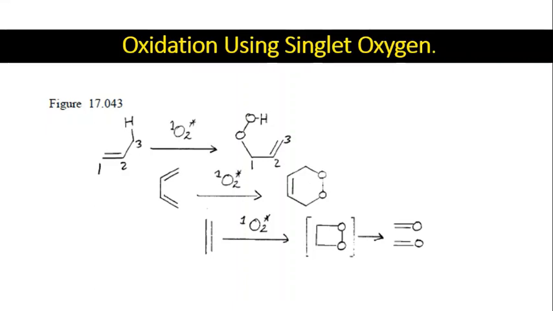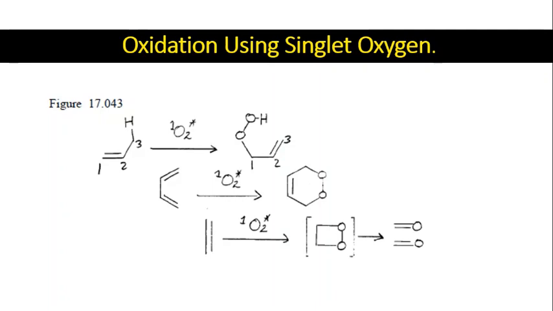The triplet oxygen that is present in the air, in the atmosphere, also carries out auto-oxidation, because it occurs in two electronic states, and as I told you, it can by itself act as an oxidizing agent. It is present in two electronic forms, the triplet form and the singlet form.